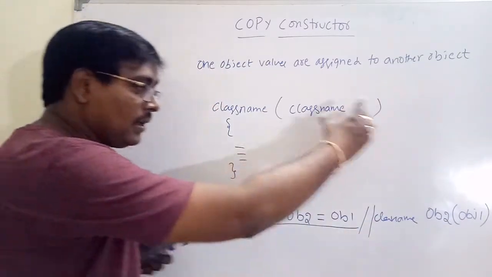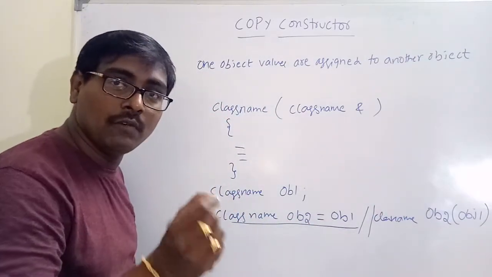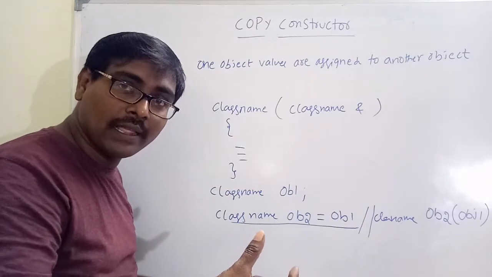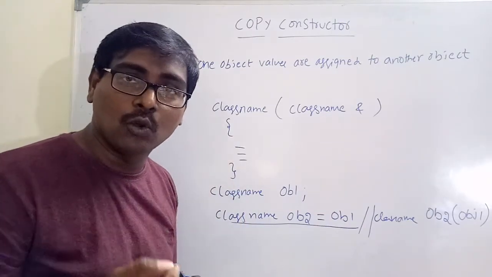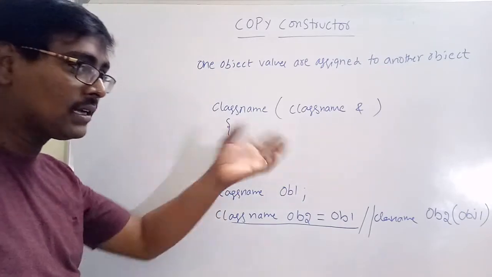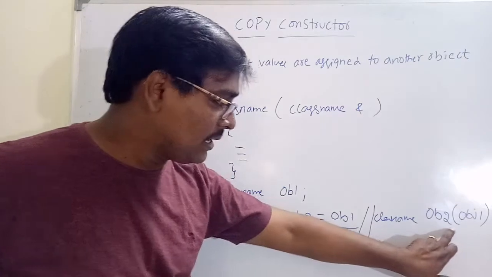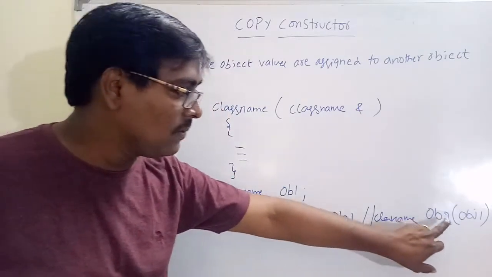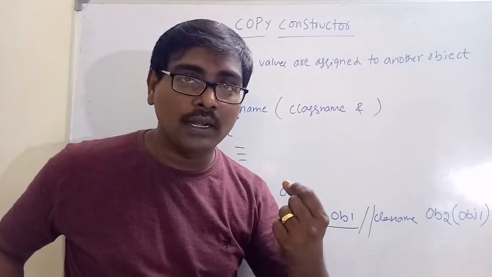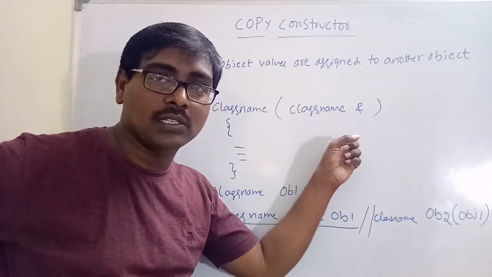Similarly, here ob2 of ob1. So everyone knows, whenever we are creating an object, a constructor is called automatically. So whenever we are writing the statement class name ob2 of, the constructor is called automatically, and assume this is a parameterized constructor.